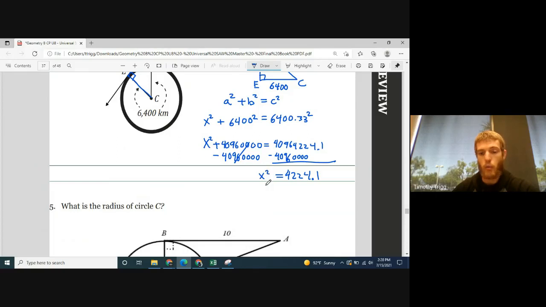So now my goal would be to get rid of the squared. Now the way you get rid of the squared is by using square root. Square root and square cancel, leaving you with just x.